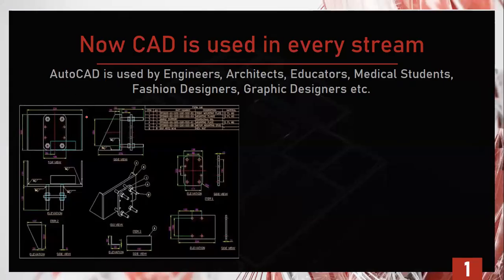Like here, there is a drawing which is showing a joint. This is a draft. This is not analyzed. If I do analysis on this, then we can say that I am designing it.